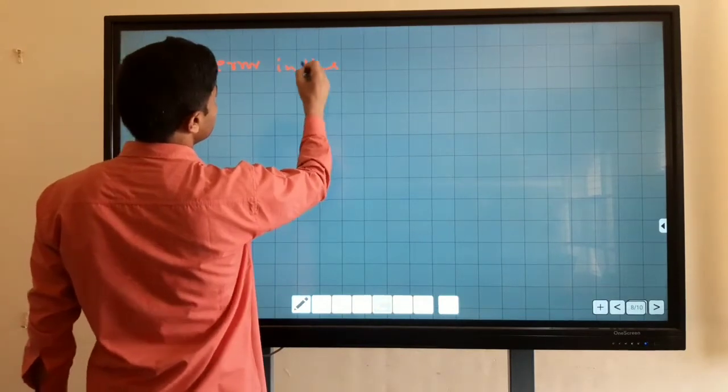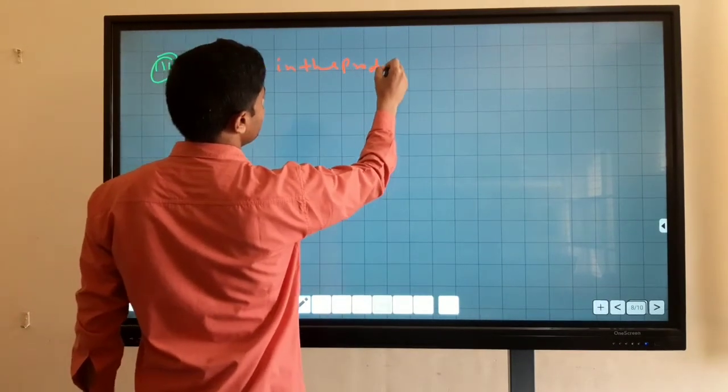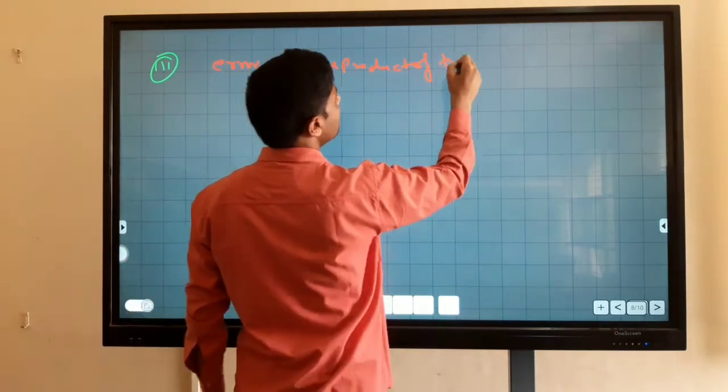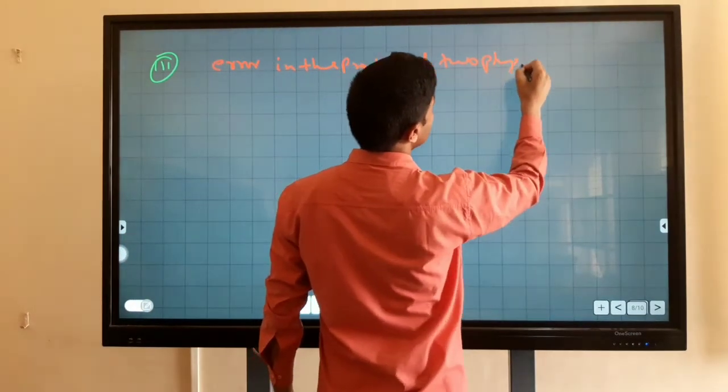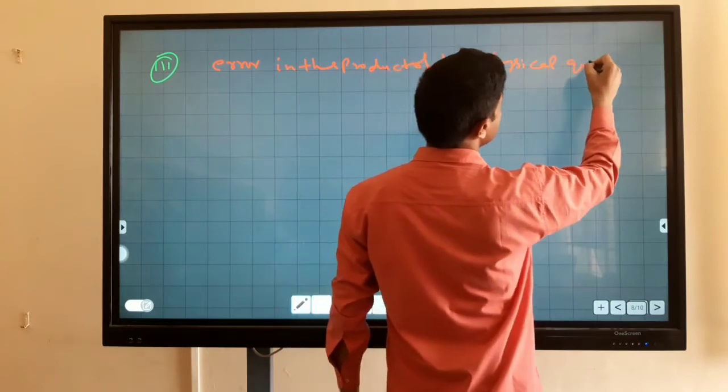Third, error in the product of two physical quantities.